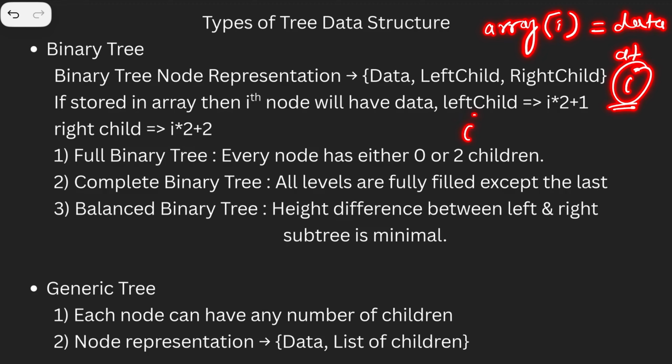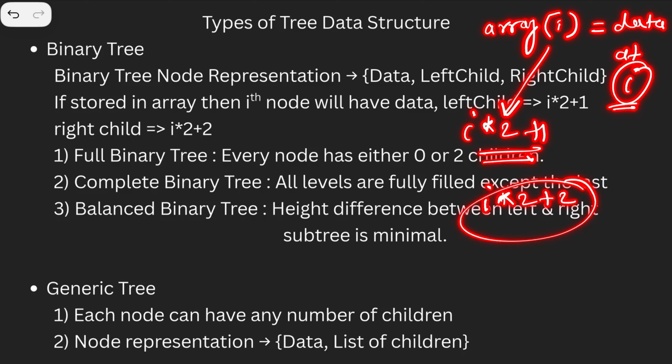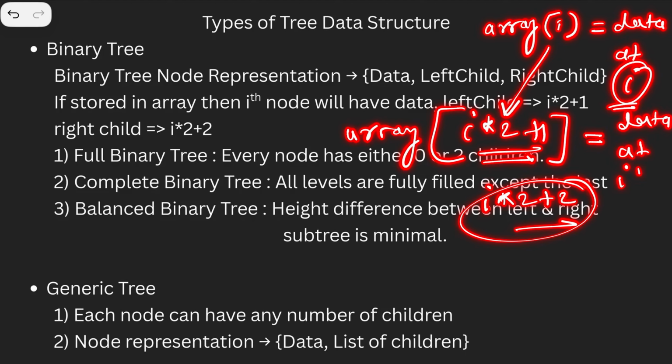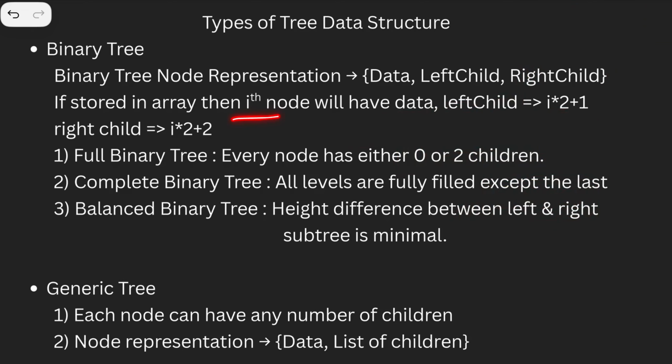And i*2+1 is going to be my left child, and i*2+2 is going to be my right child. So array[i*2+1] is going to store the data at i*2+1. Makes sense, right? By defining this particular rule, I managed to store the entire tree, or specifically a binary tree, in an array.